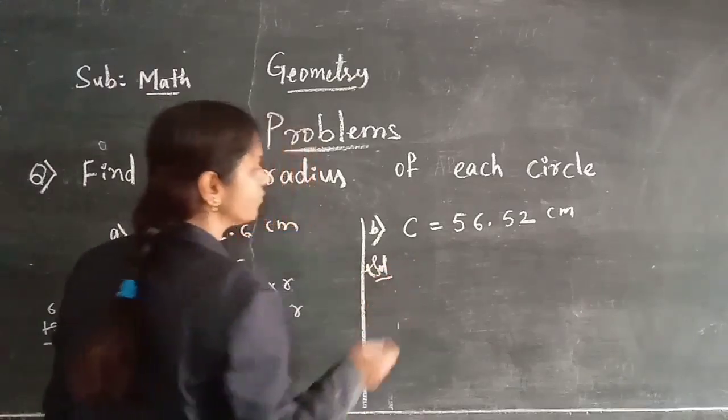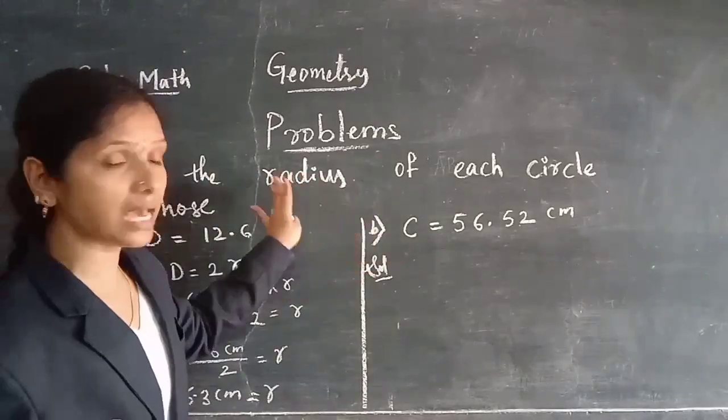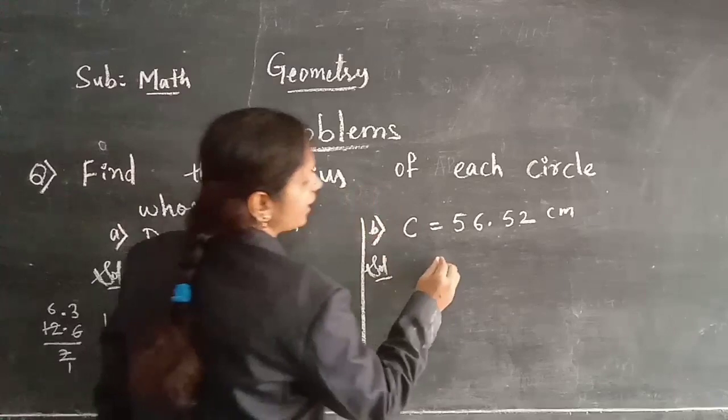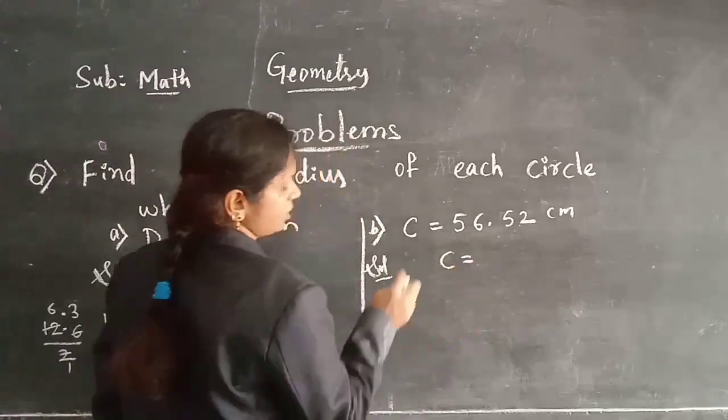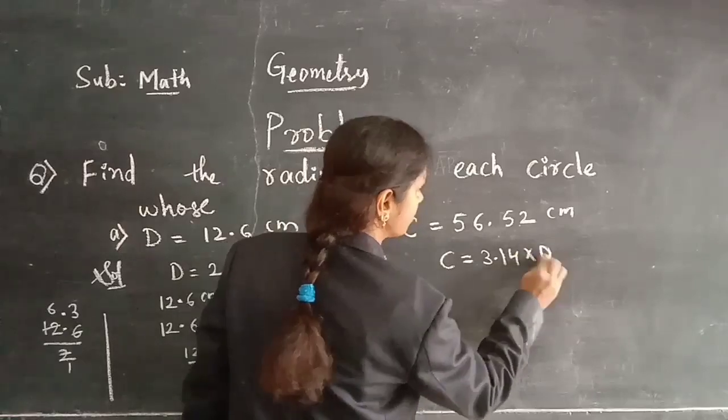Coming to the circumference. What is the formula relating the circumference and radius? Here we don't have a direct relation. We need to find the formula through the diameter. So circumference is equal to 3.14 into diameter.